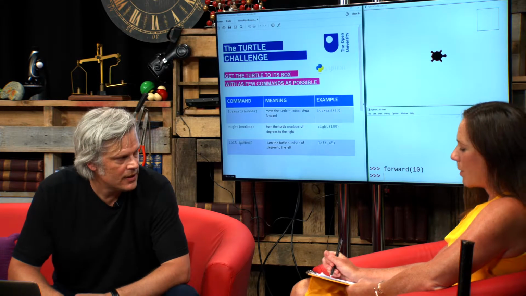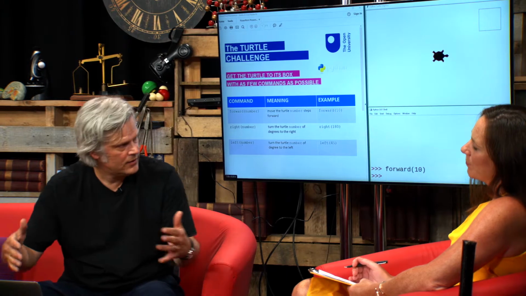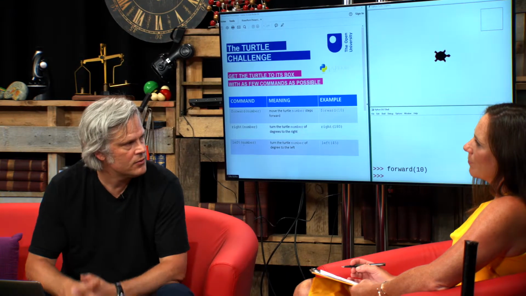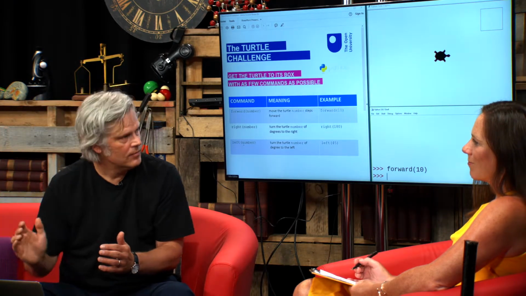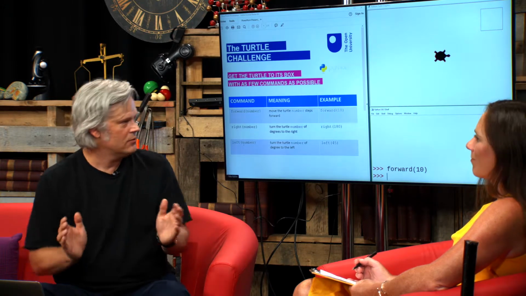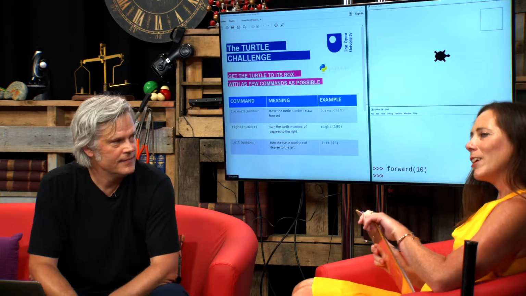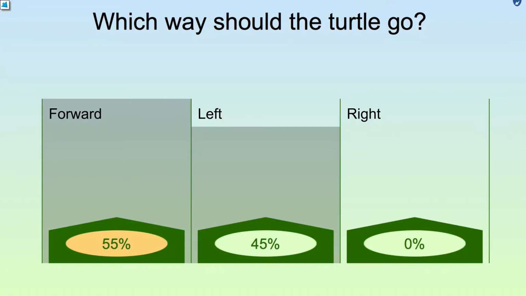And again, if you were doing that individually or with a number of people, you would want to think not just about figuring out how much a step is, but also how you are going to take this problem apart. How do I get to the box? You could go straight and then up, or maybe you first want to do something else with the turtle before you move. Well, let's see what everyone thinks at home. Which way should the turtle go?